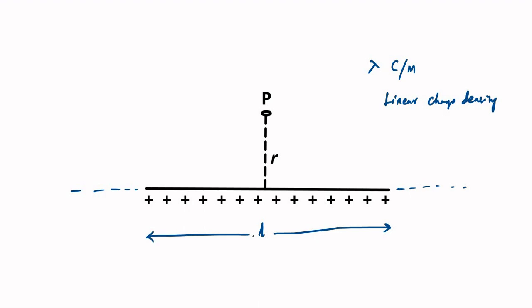So we have to determine the electric field at this point P, which is at a perpendicular distance r from the wire.